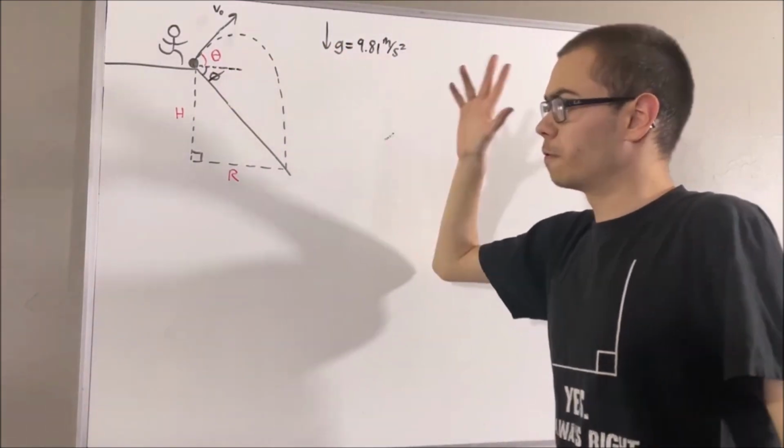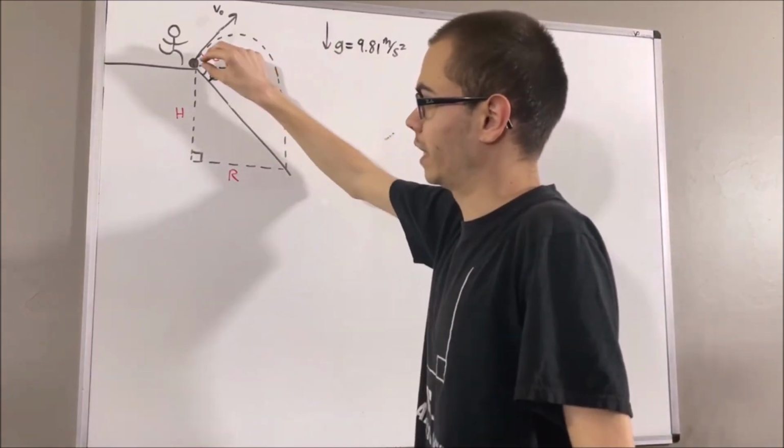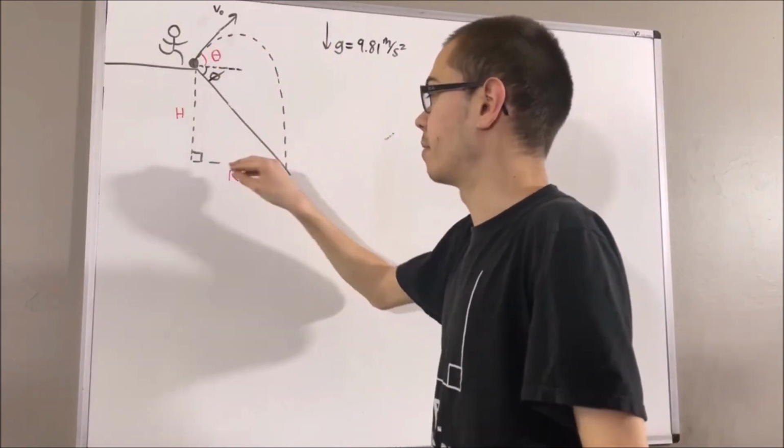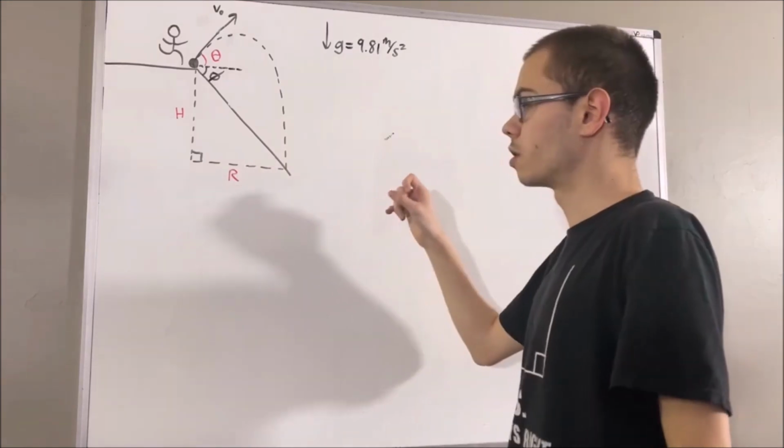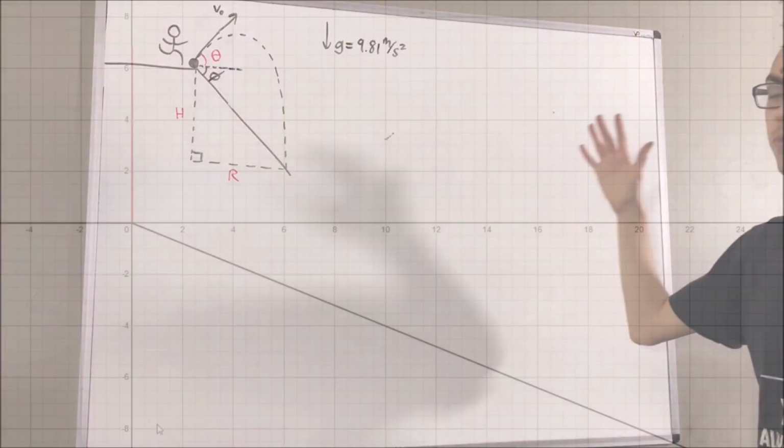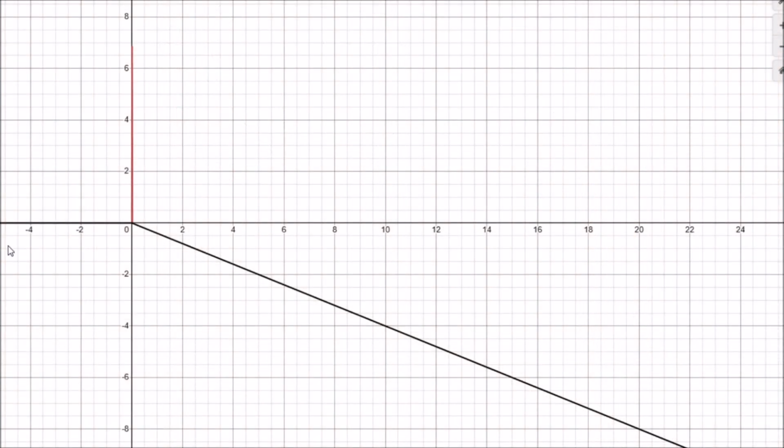The whole goal is to figure out what launch angle we kick the ball at so that we get maximum horizontal distance traveled. So let's first visualize what this problem is asking. So this is essentially the hill that we are kicking the ball over. Now, as you can imagine, if we kick the ball at a steep launch angle, then the distance that the ball travels isn't going to be that far.